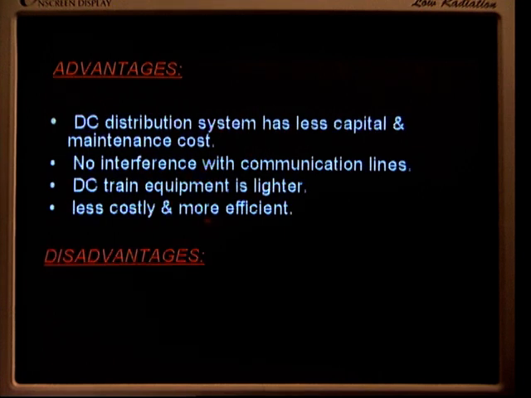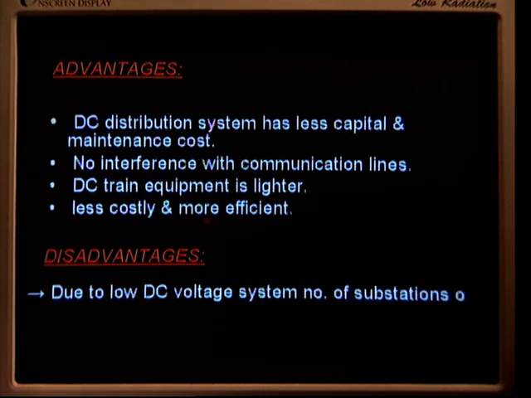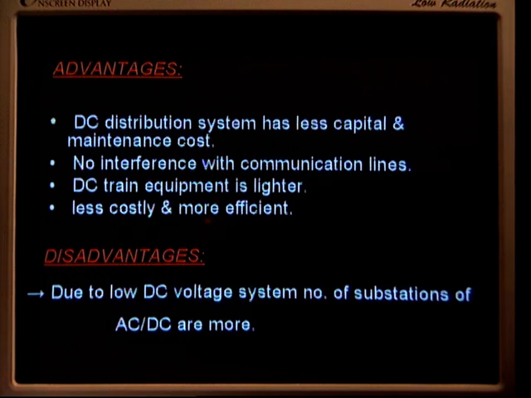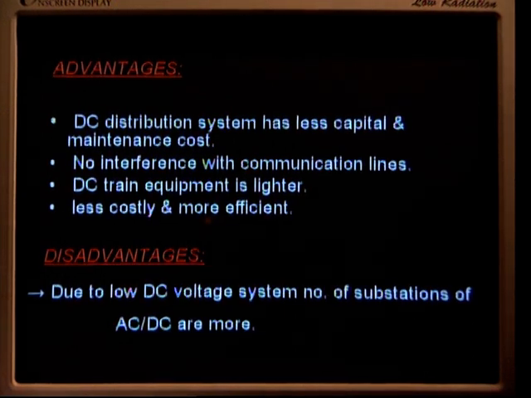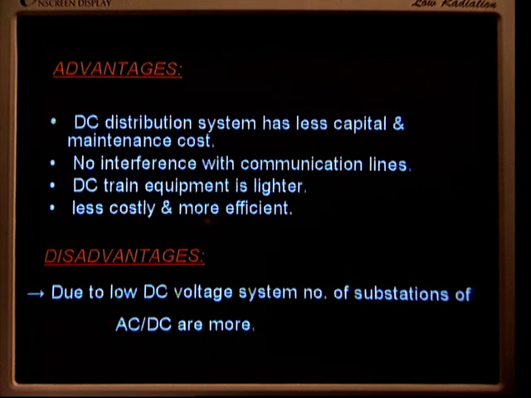These are a few advantages of the DC distribution system. Coming to disadvantages, due to the low DC voltage, the number of AC to DC substations is more. Already we have seen that due to the low voltage, more feeding stations are required. This is one drawback.